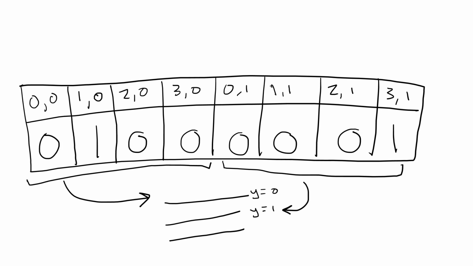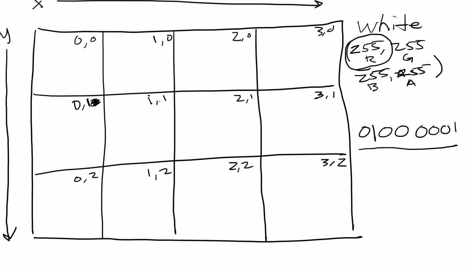So now, if we go back to our other image, we know that this first 0, 0 is going to house the number 0. This is going to house 1. This is going to house 0. This is going to house 0. And now jump down to the second row. This is going to house 0, 0, 0, 1.